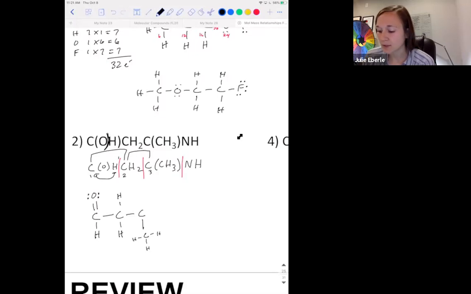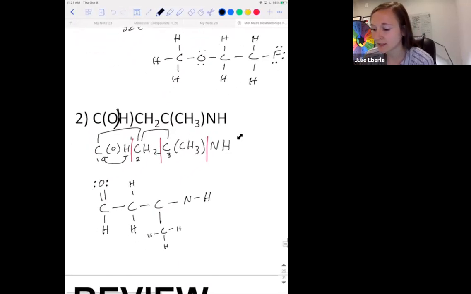And then the last group is a nitrogen here. So we've got a nitrogen with a hydrogen branched off of it. Now, if we just stop there, we're not done. We're missing some things. I need your help to figure out what are we missing? How do we complete this structure?